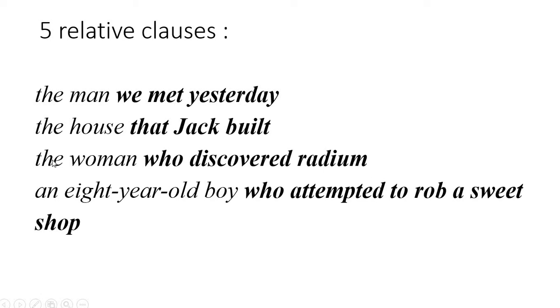This is a pre-modifier, determiner. These are all pre-modifiers. Right? Old is an adjective. It modifies boy. 8-year, 8 is a number, and here is a determiner. 8-year-old, all of this is an adjective modifying boy.